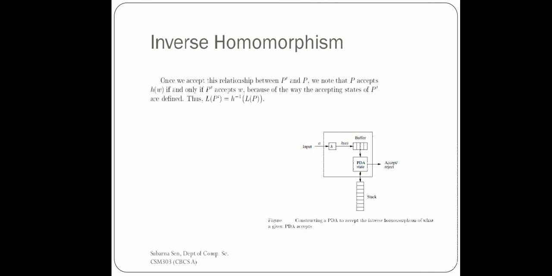So the thing is the same. In a more generalized way, we can write L of P dash is the inverse homomorphism of L of P. Using the homomorphism function, we can write this process by the substitution rule, that is, the language accepted by the new PDA P dash is the inverse homomorphism of L of the original PDA P. So context free languages are also closed under inverse homomorphism, and this also holds.